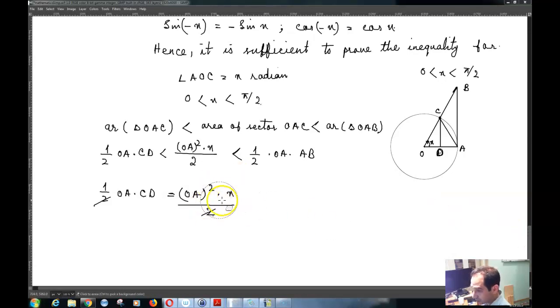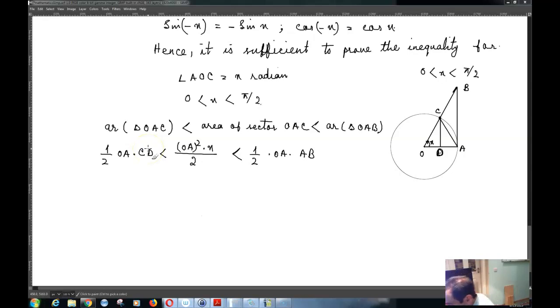But in the inequality, when you multiply every part of this inequality by 2, since 2 is a positive number, the direction of the inequality signs is not going to change.